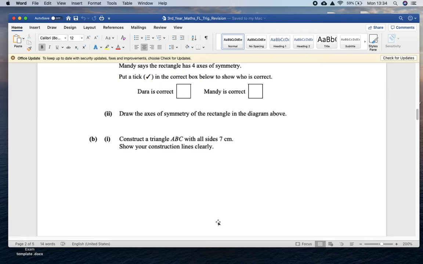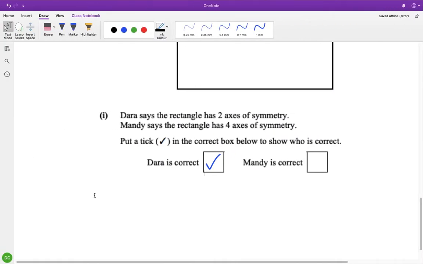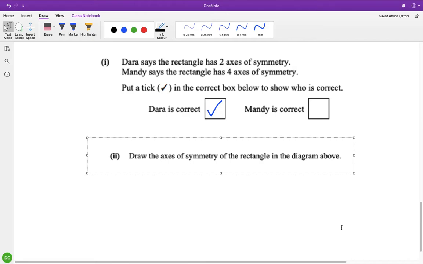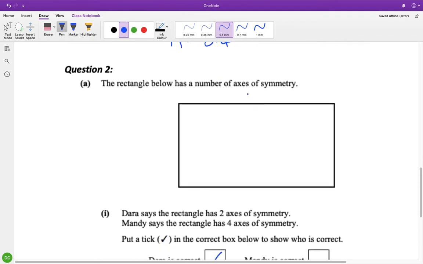And then they are asking us to draw the axis of symmetry. So the axis of symmetry is going to be 1 down here and 1 across there.